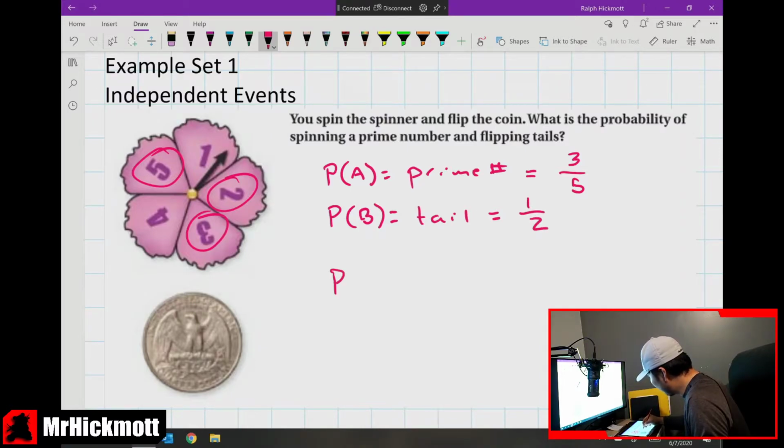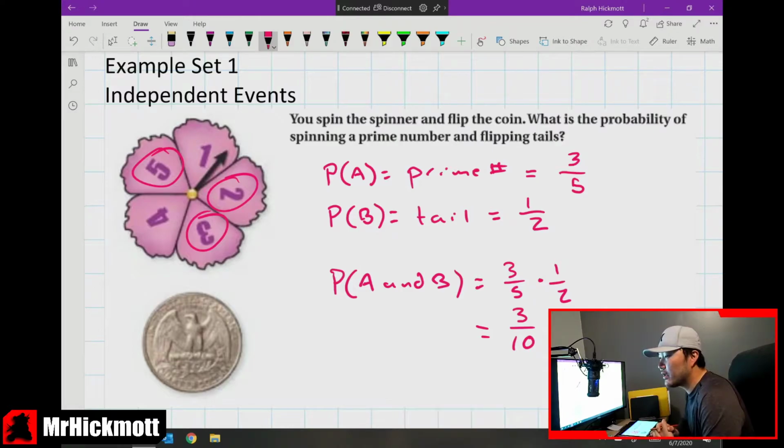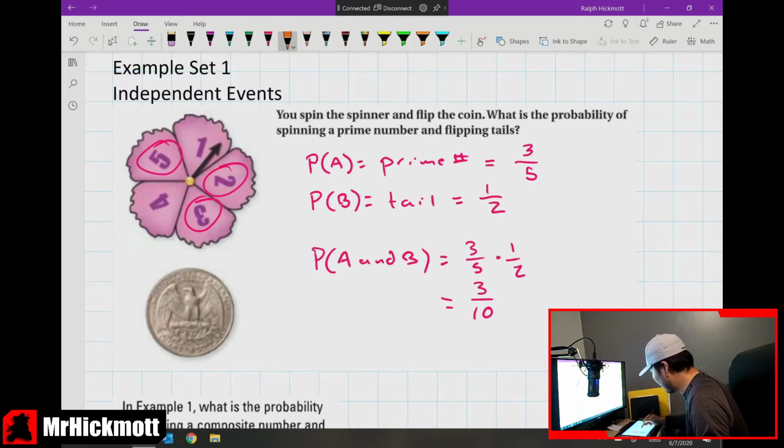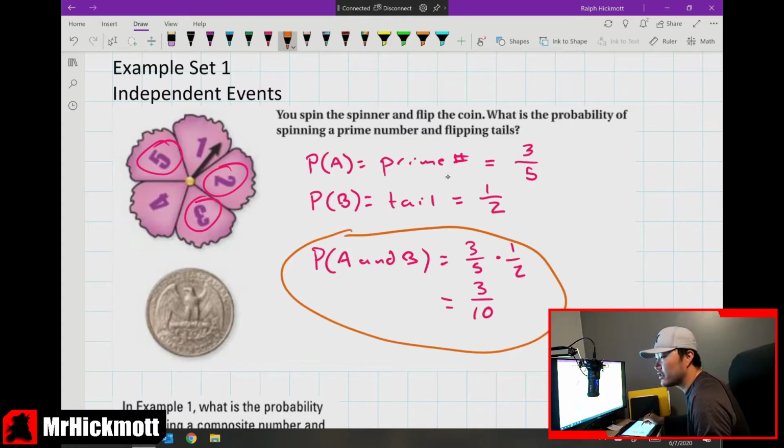So the probability of A and B both occurring is going to be 3/5, that's the prime probability, times 1/2. Finishing that off, it becomes 3/10. So the probability of spinning a prime number and then flipping tails is 3 out of 10. You notice the key calculation is right here. The beginning stuff is just for my personal notes, but if you can do the second portion, you should be okay.